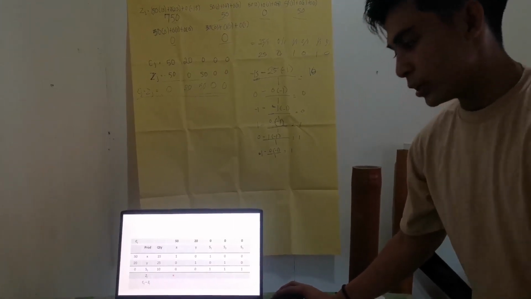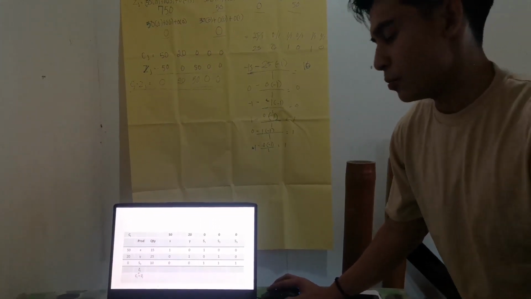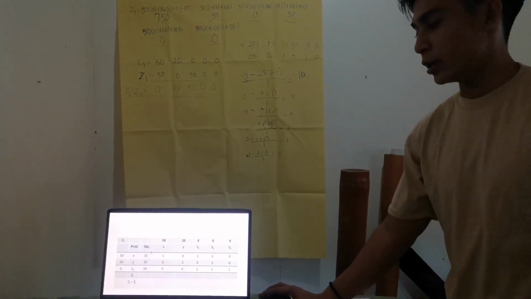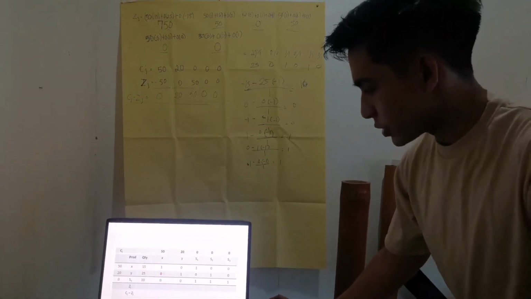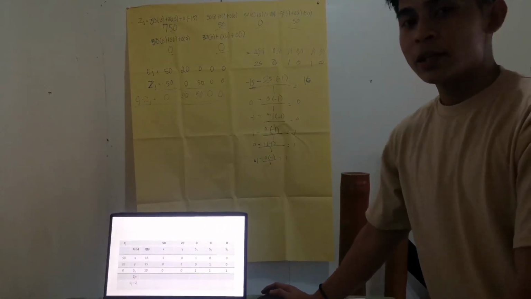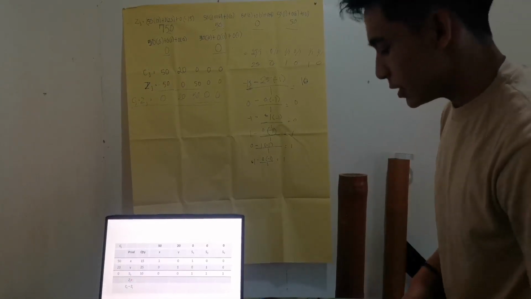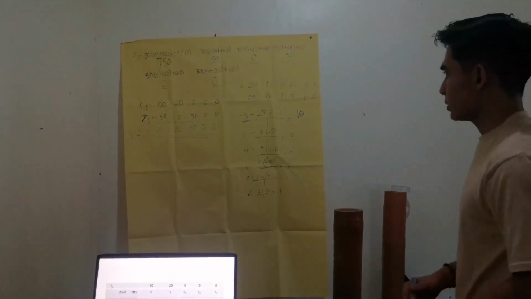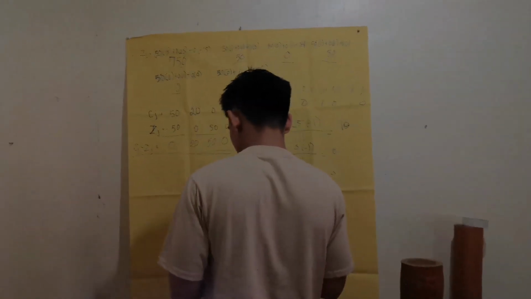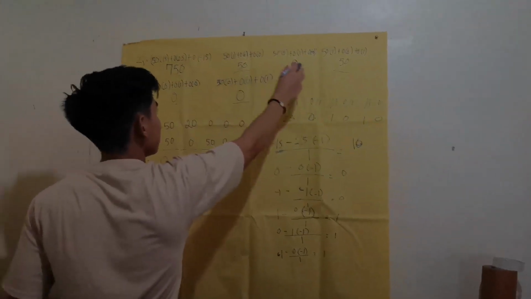So, blank ulit itong C sub J and C sub J minus Z sub J kasi nagbago naman tayo ng value ng ating mga constraints. So in order to get the Z sub J is to multiply the C sub J from the constraints. So, ulit na naman. So, ganito na process.